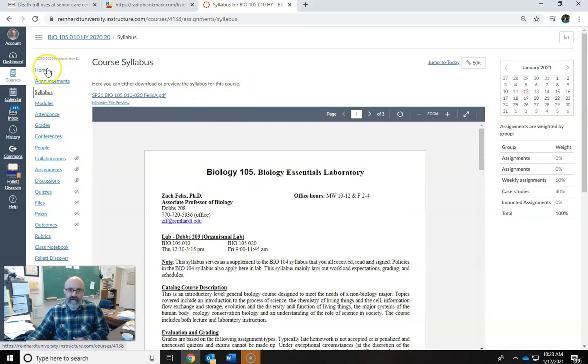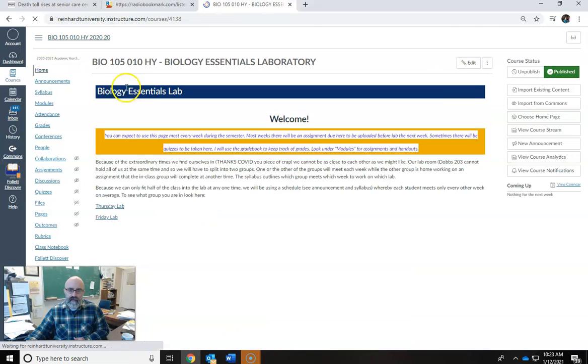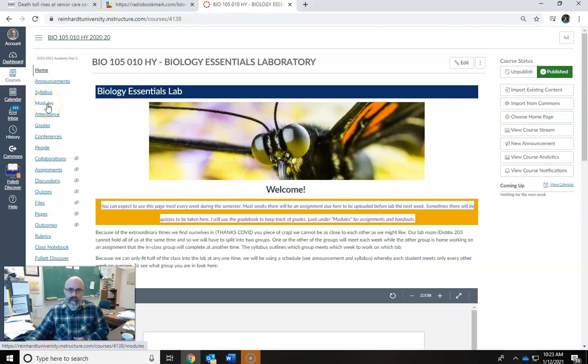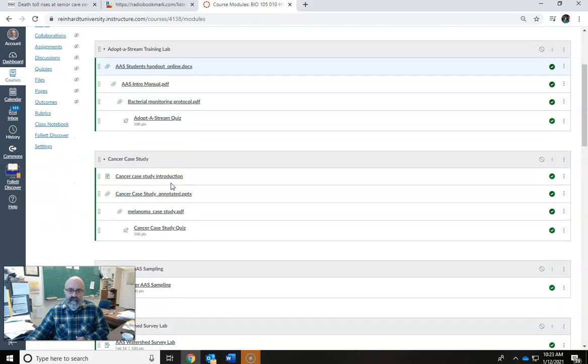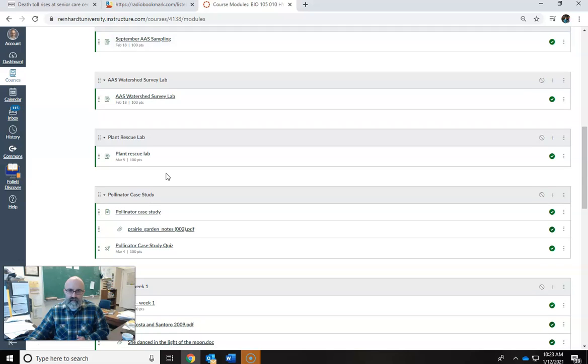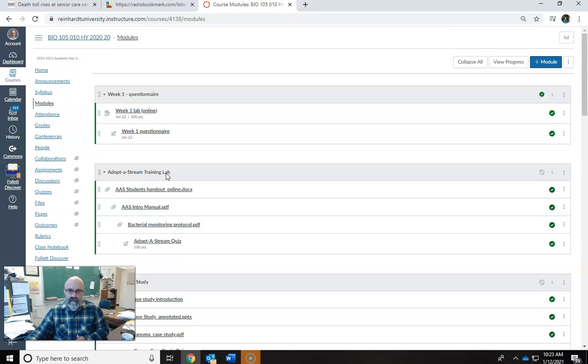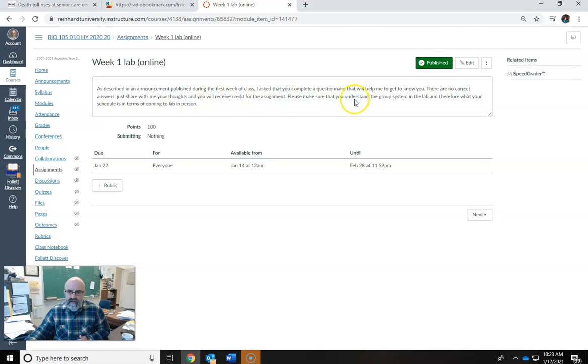For the first week, go back to the home page. Modules is really where you're going to find most of your stuff, in the modules tab over here. Go there. And we see all of those assignments, just like we saw on the schedule. So for week 1, here is the explanation.